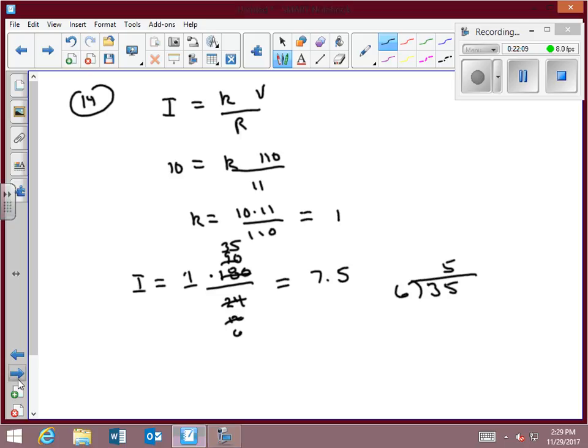Did I do it right? I thought it was 7.5. It's 180 over 24. It's 7.5. Thought it was 7.5, but somehow my math is going awry. Erase that so we can look at it.